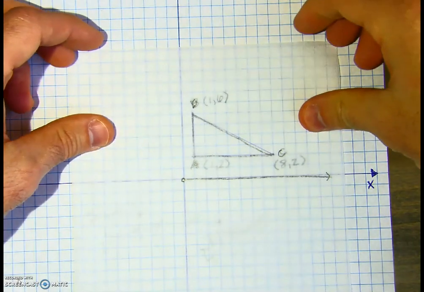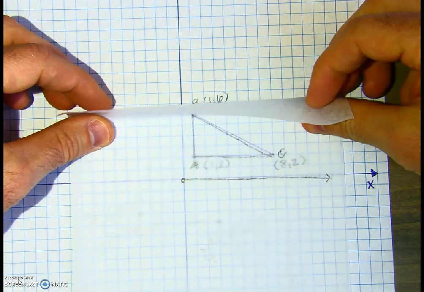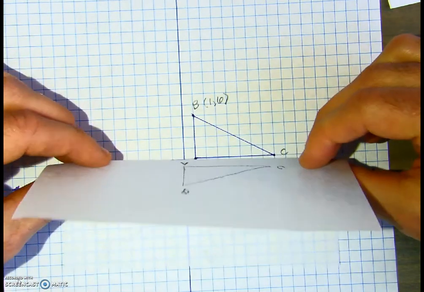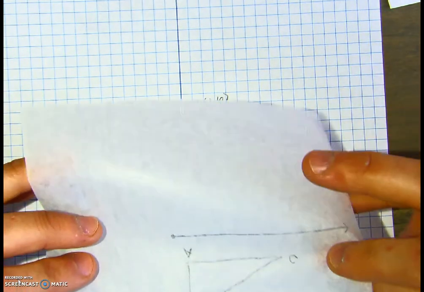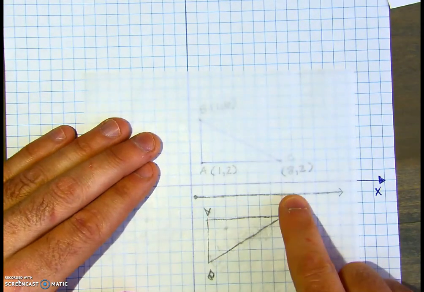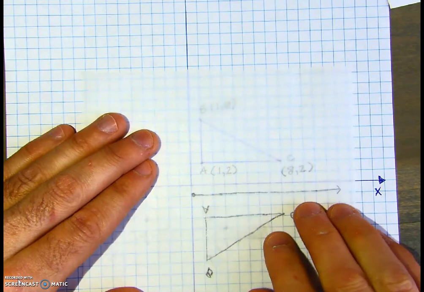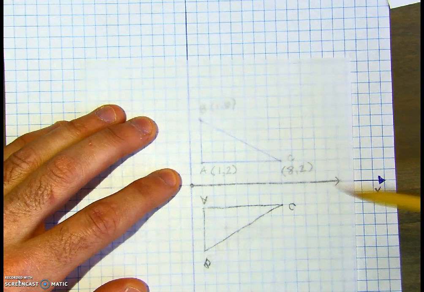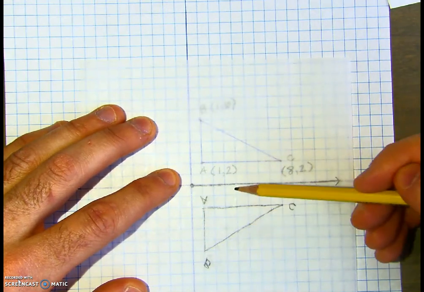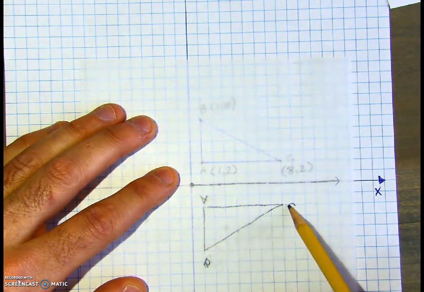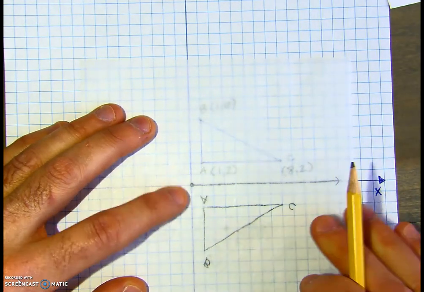So we're going to flip this thing. Hopefully you can see. I'm going to kind of curl it over like this and do the image of it. There we go. Now I've got to take my x-axis that I traced and line it back up with the x-axis right there. And what that allows us to do is see a mirror image of our pre-image. All right, so you can see the letters are backwards and everything, just like you'd see in a mirror.